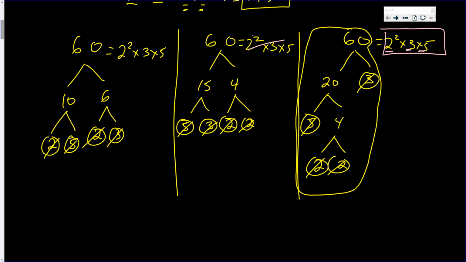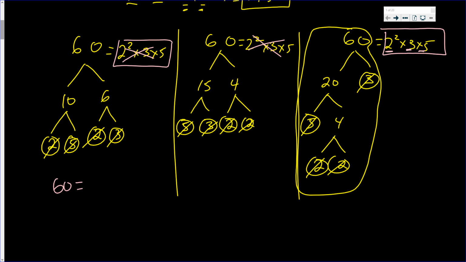If you don't include this, in my opinion, you didn't do the problem. You didn't even write down an answer. If you just have 60 equals and it's blank, you didn't write anything down.